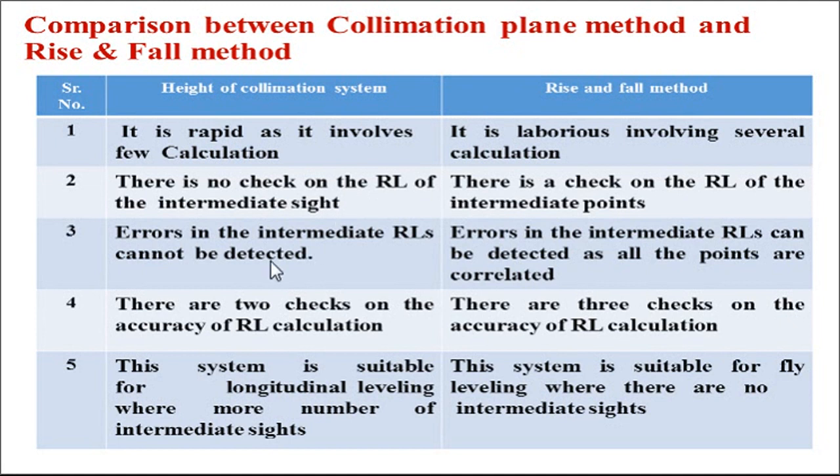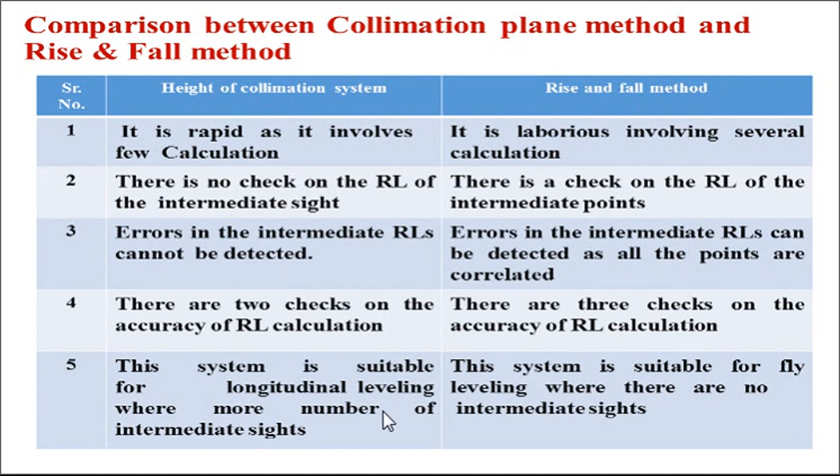Third point of comparison: in the height of instrument method, error in the intermediate RLs cannot be detected, while in the rise and fall method error in the intermediate reduced levels can be detected as all the points are correlated. Fourth point: there are two checks on the accuracy of the RLs in the height of instrument method, and three checks on the accuracy of the calculations in the rise and fall method.